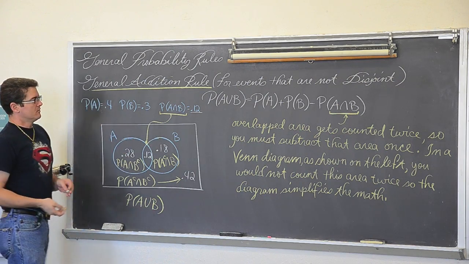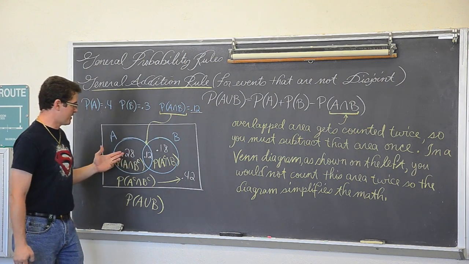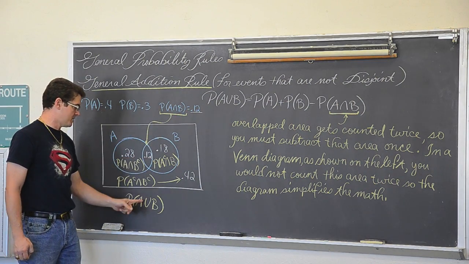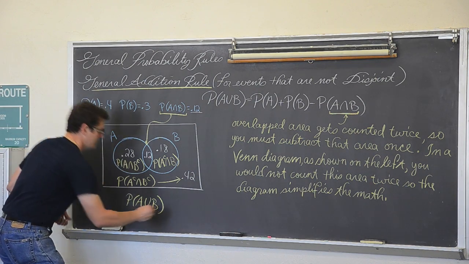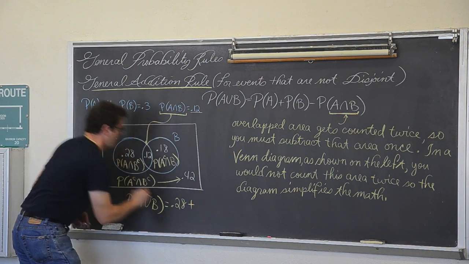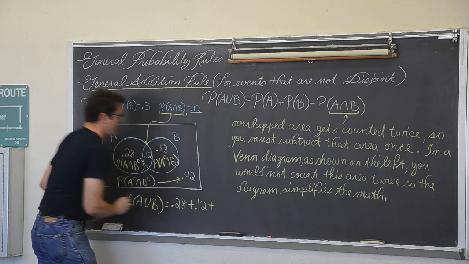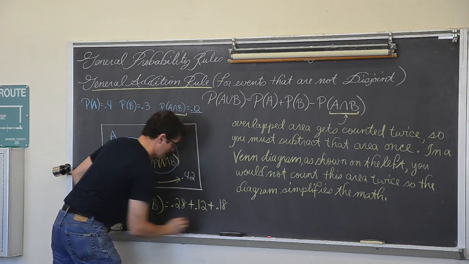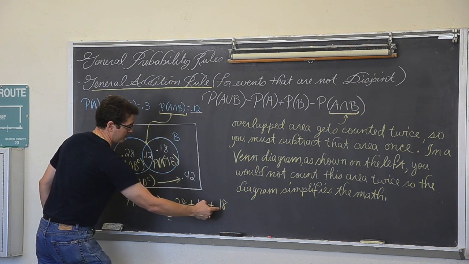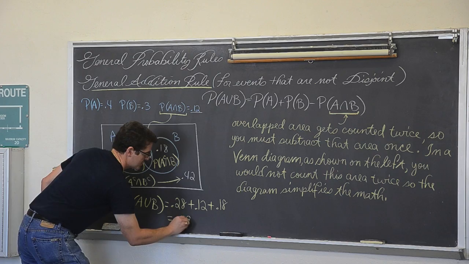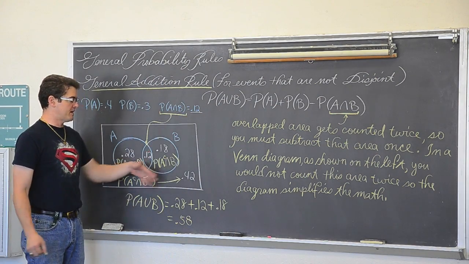Well, this would say, without the Venn diagram, 0.4 plus 0.3 minus 0.12, or with the Venn diagram set up, we just count all the areas that are either in A or B. Well, that's 0.28 plus, and I'm just working my way across the Venn diagram, 0.12 plus 0.18. And that comes out to 28, I know I just did this a second ago, but 28, 30, 40, 58%. So the probability of A or B occurring is 0.58.